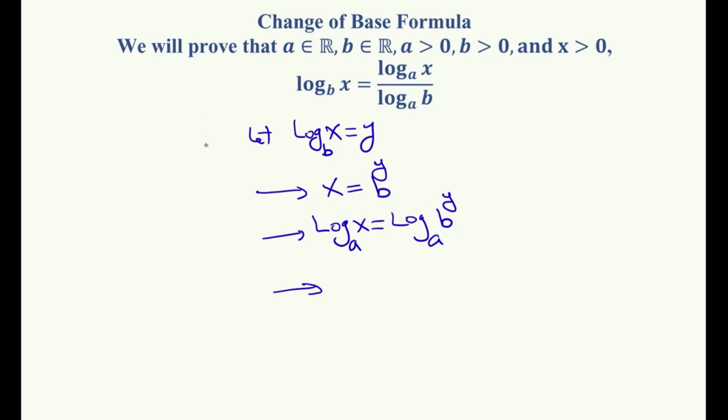So we get, therefore, log base a of x equals y times log base a of b. And now we can divide both sides by log base a of b, because remember, we're solving for y.